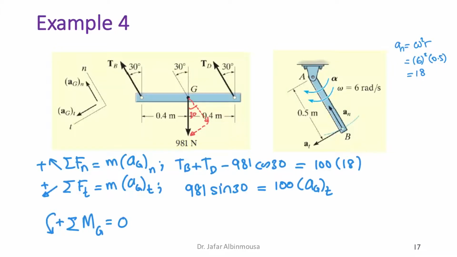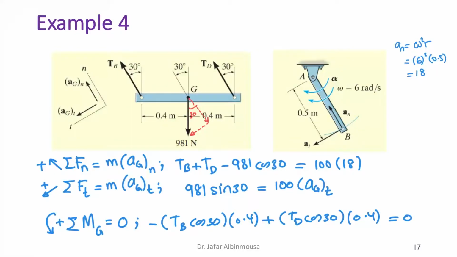So we sum up the moment, and we have minus TB cosine 30 multiplied by 0.4 plus TD cosine 30 multiplied by 0.4, which is equal to 0.